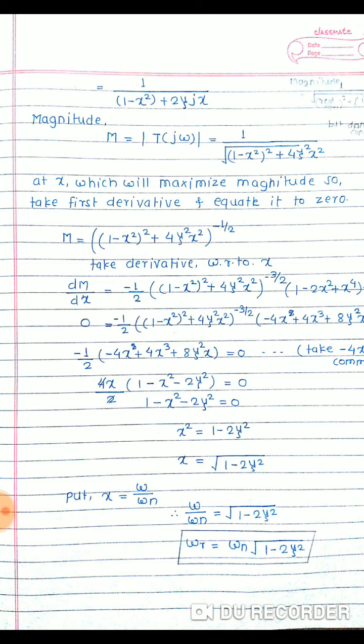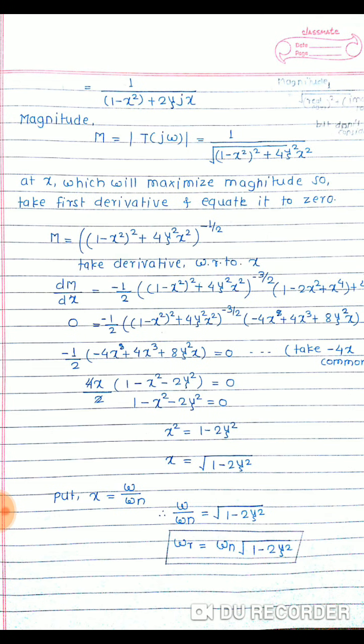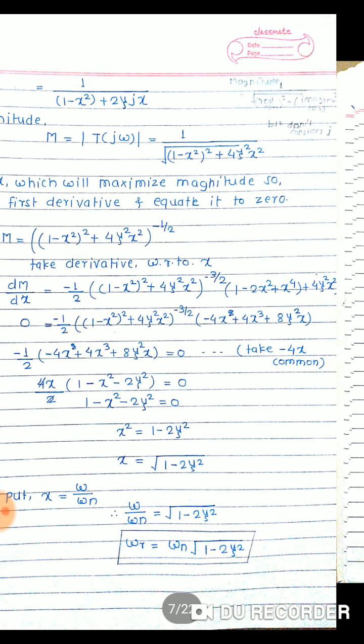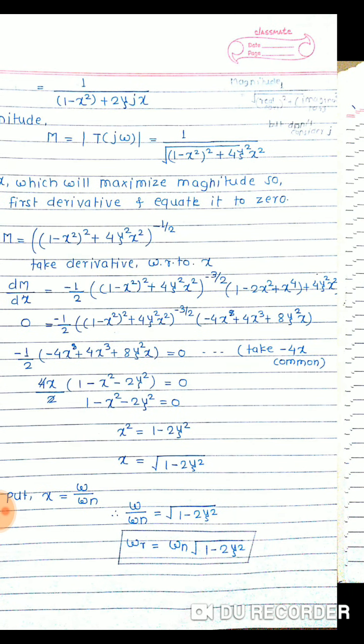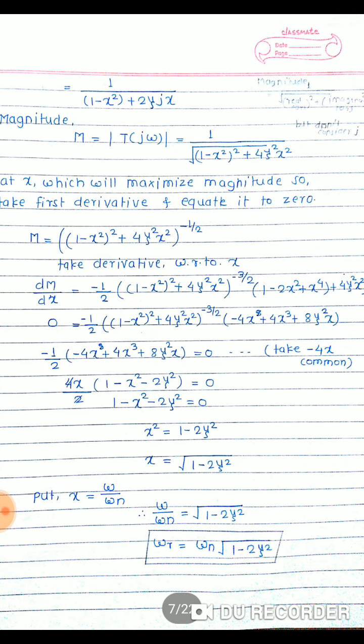So here it is 1 minus 2x square plus x raised to 4, plus 4 zeta square into x raised to 2. Then we'll equate it to 0 and simplify it for x.